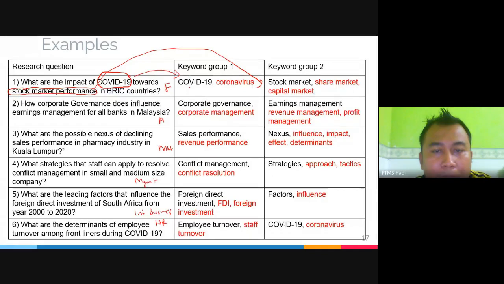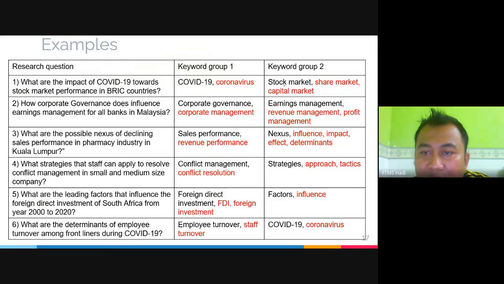So while I'm having COVID-19 and stock market, I'm diversifying the word, not only COVID-19 but also coronavirus. Let's say after I discuss with the supervisor, what are the other names of COVID-19? And then I'm saying, okay, coronavirus. So you can come up with that. And let's say stock market, what is another word for stock market? You can go for share market, you can go for capital market.